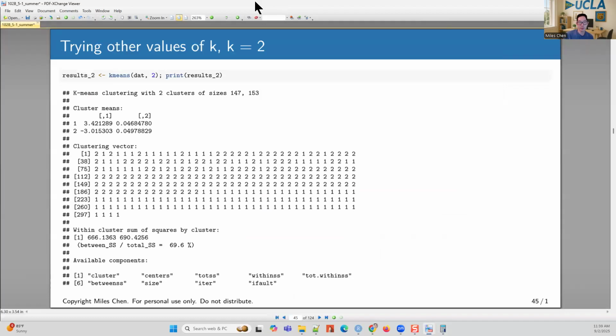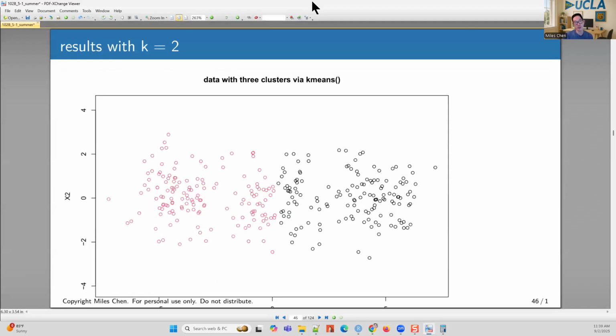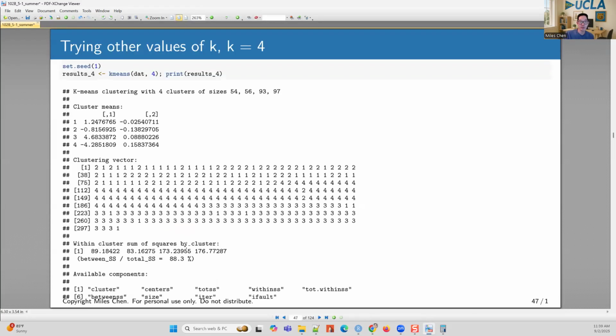Now, with k-means, you can search for the wrong number of clusters. If you say, search for just two clusters, it will do it, and this will be the results that you get. It just says, all right, I've identified two clusters. Here we have cluster one over on the right, cluster two over on the left. And you can calculate the between sum of squares.